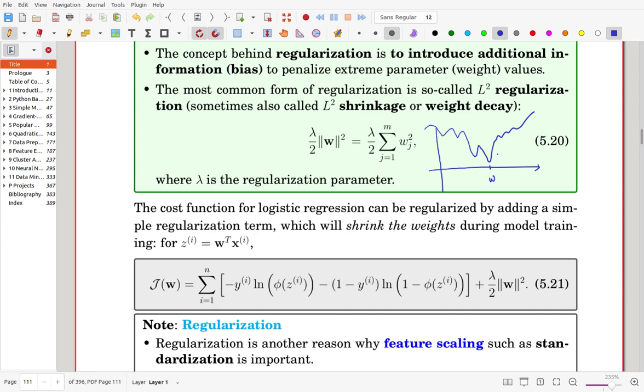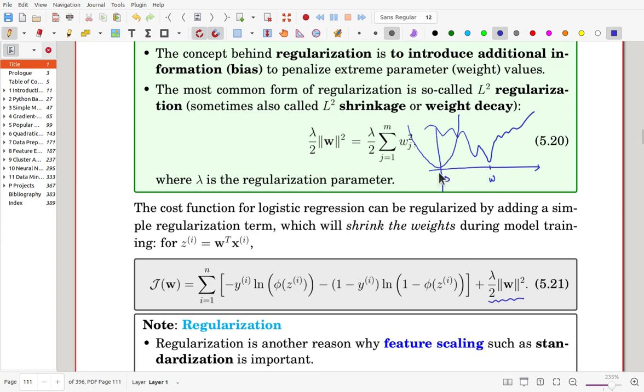But if you add this term, which is quadratic and symmetric about 0, along with scaling by lambda, then in this case the optimal solution will be far away from the desired solution.